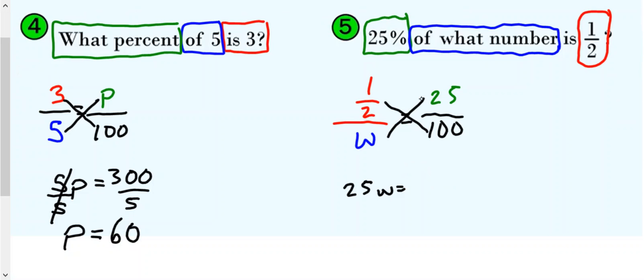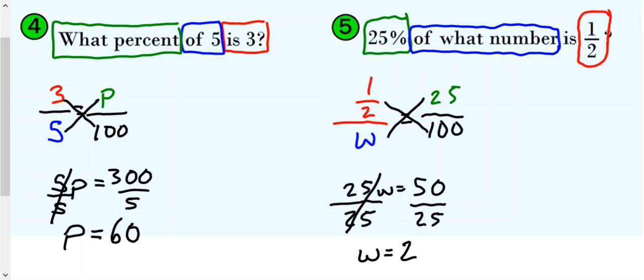So as we're cross multiplying here, 25 times w will be 25w, and then 100 times 1/2, or what is 1/2 of 100, would be 50. So 25w equals 50, and now we can divide by 25. This will cancel out. W equals 50 divided by 25 is 2.